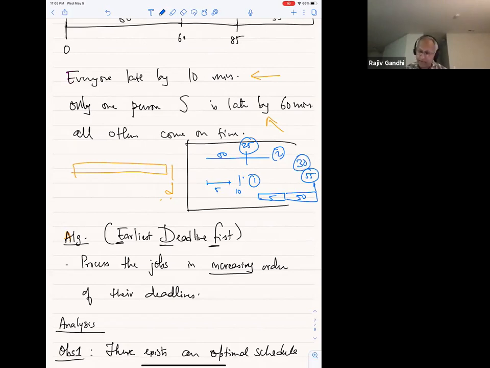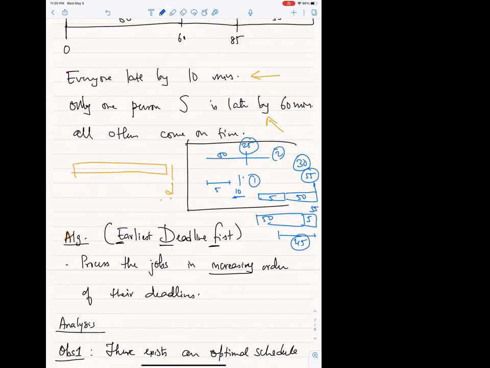But if you go 50 and then 5, then 55, and 55 minus 10 is 45. And 45 will be the lateness in the other one. Utkarsh, is that clear? Yes, sir, it's clear now.